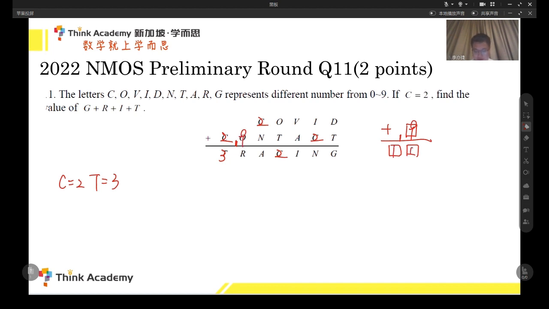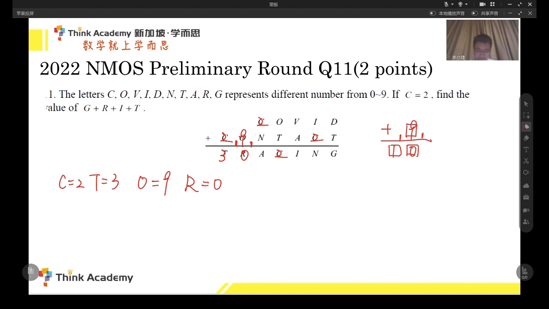And here is a 10. Then we have another 1 carried forward from the later digit. So now we find that O will equal 9, R will equal 0.